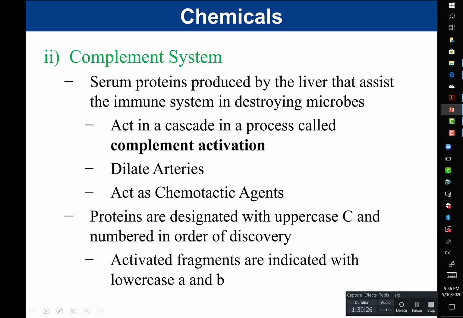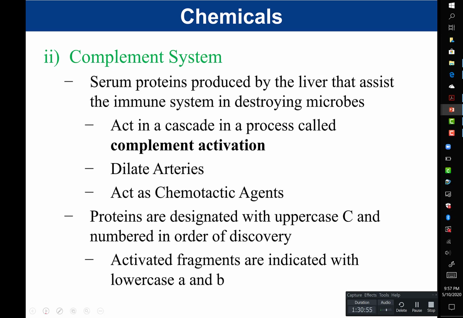It's used to dilate arteries, so again, to increase blood flow during inflammation, for example. Complement also acts as a chemotactic agent, helping to attract other microbes to where an infection is occurring. The proteins are designated with an uppercase C and are numbered in their order of discovery.